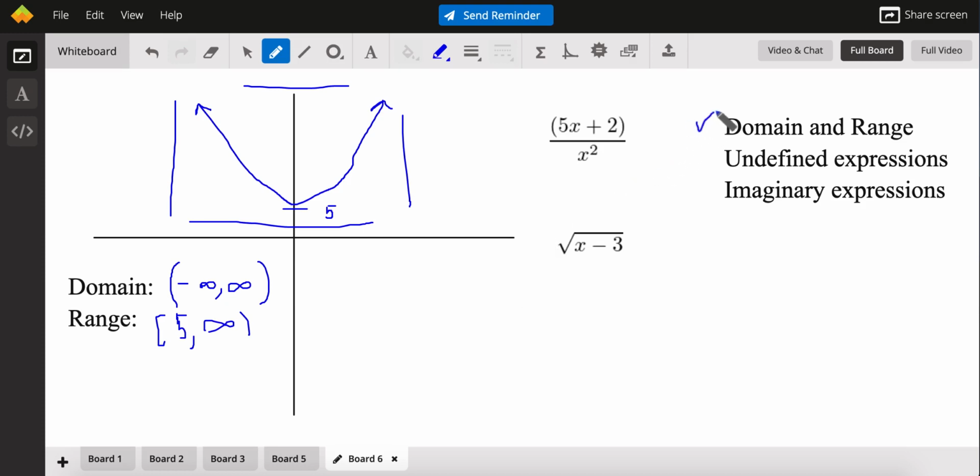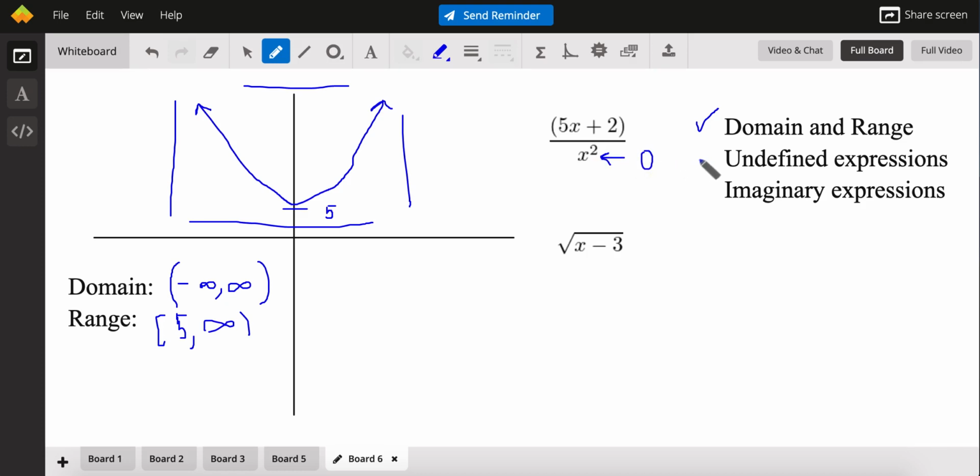Let's check that off. Undefined expressions. This is another thing that's not really ever explained clearly. An undefined expression just means that there's a fraction or a rational expression, and there's a certain value of x where your denominator equals 0. In math, you're not allowed to make your denominator 0.